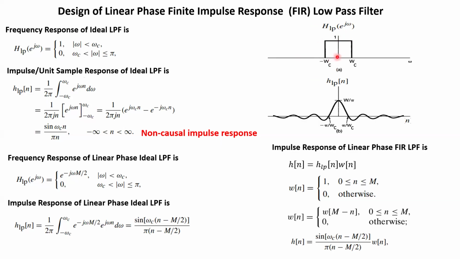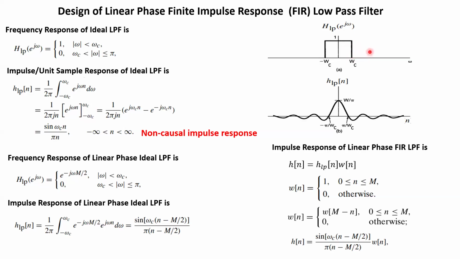It has a certain pass band in the frequency range from 0 to omega c, and after that we have the stop band. In this pass band, the signal will be passed through the filter without any attenuation, and after that there will be a complete separation, so the signal will be completely attenuated in the stop band.